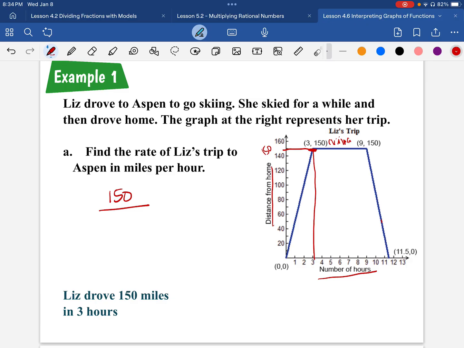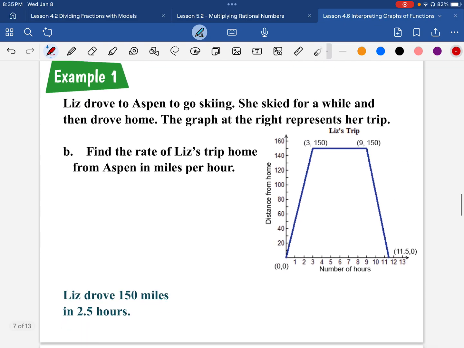Our rise was 150 and our run was 3 hours. But it's saying per singular hour, so we want this to be over 1 hour. So 150 divided by 3, that'll be 50 miles in 1 hour. So that is her rate in miles per hour on her trip to Aspen.